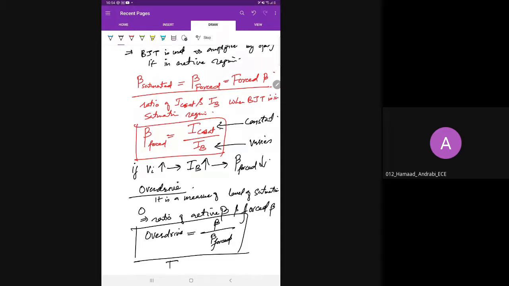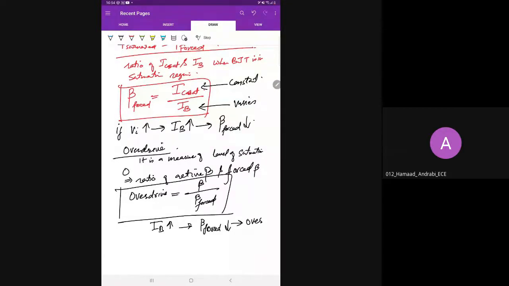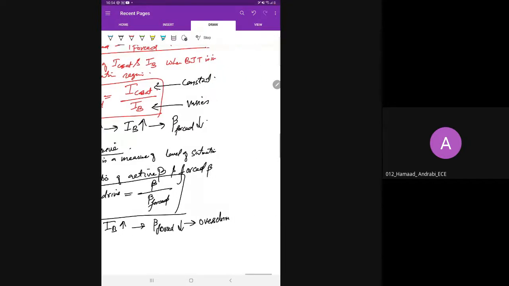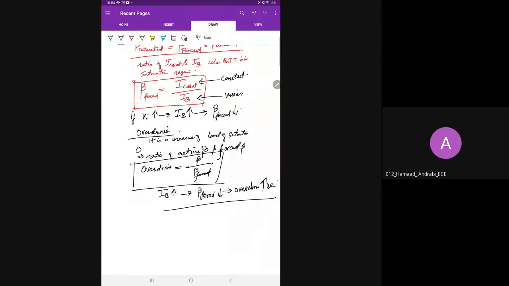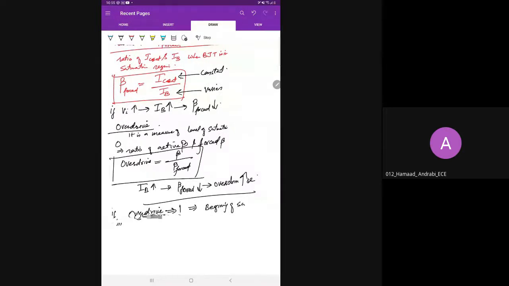So if IB increases, what will happen to beta forced? Beta forced will decrease. And if beta forced decreases, then the level of saturation will be more. Overdrive will increase. If overdrive is equal to 1, it means it is the beginning of saturation.